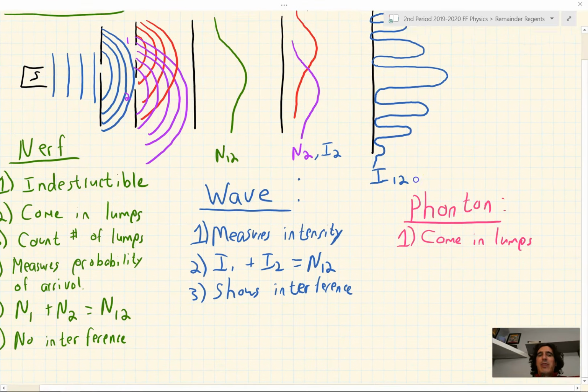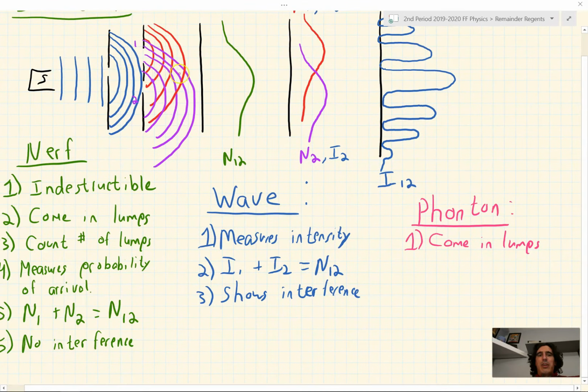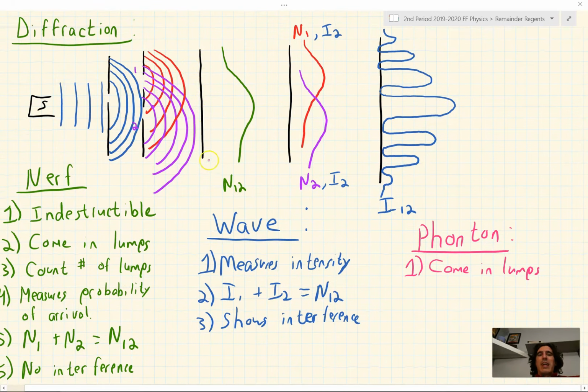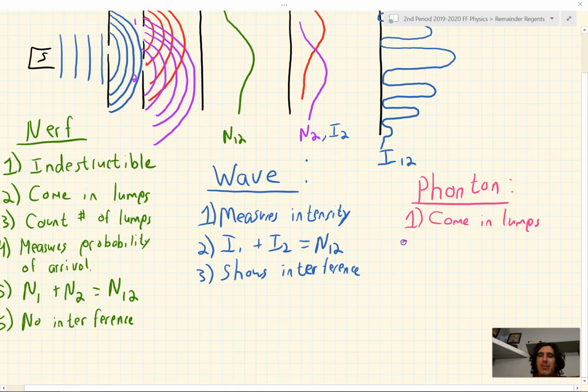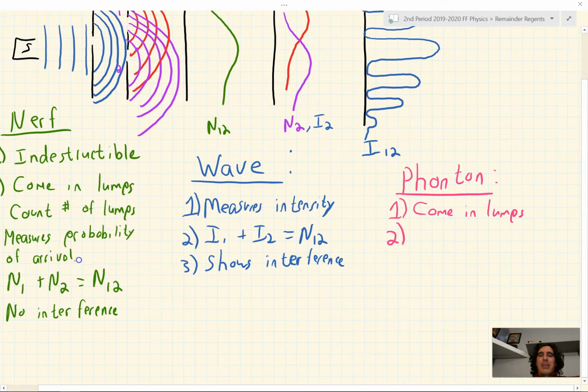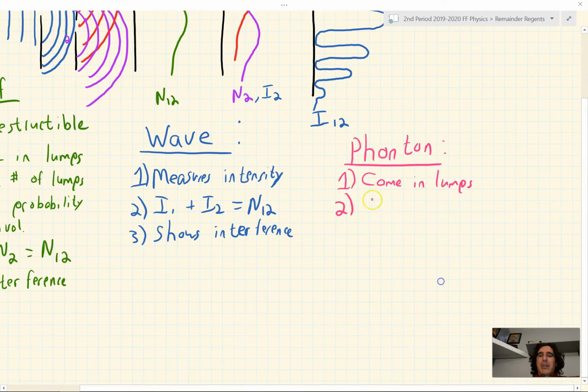Now if you turn on a flashlight, a whole bunch of photons are going to be emitted. So we have to do this in really super slow motion, so we hear one click at a time, or one photon at a time. Just like nerfs, because they come in lumps, we can also count the number of lumps, which means that we can measure the probability of arrival.